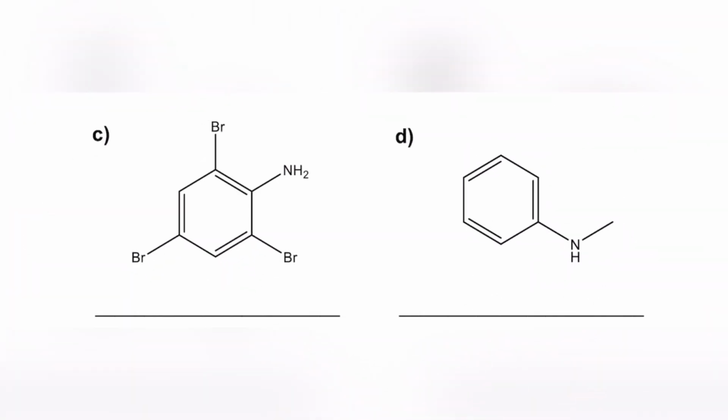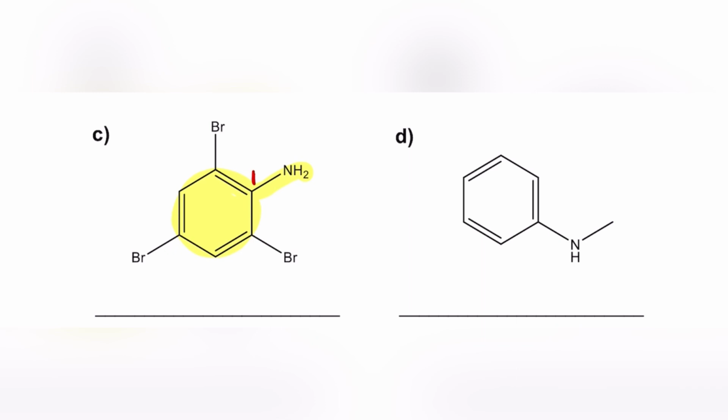Next kita ada structure C. Konsep yang sama, parent saya adalah aniline. So maknanya this NH2 attached to the benzene ring is my parent. Automatically this one akan jadi first carbon. And then second carbon saya akan pergi sama ada atas kat sini ataupun dekat sini, sama sahaja.